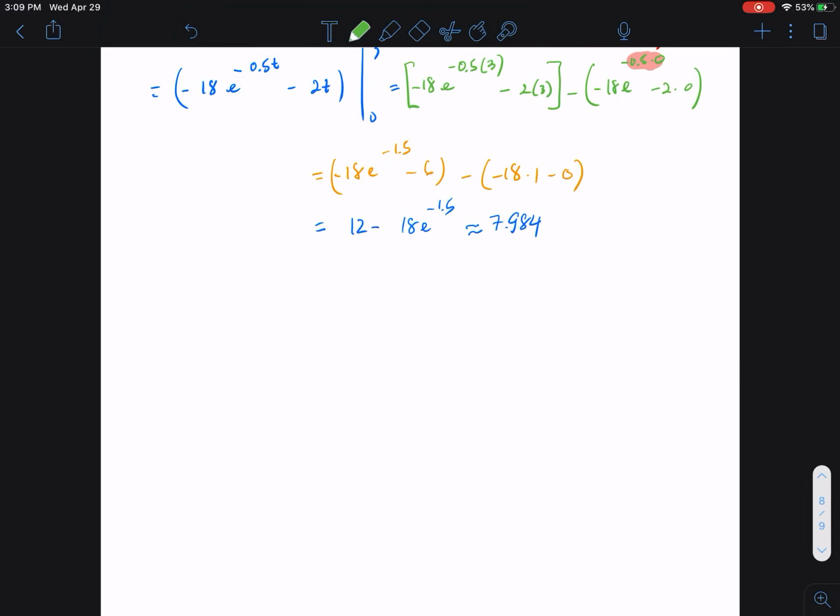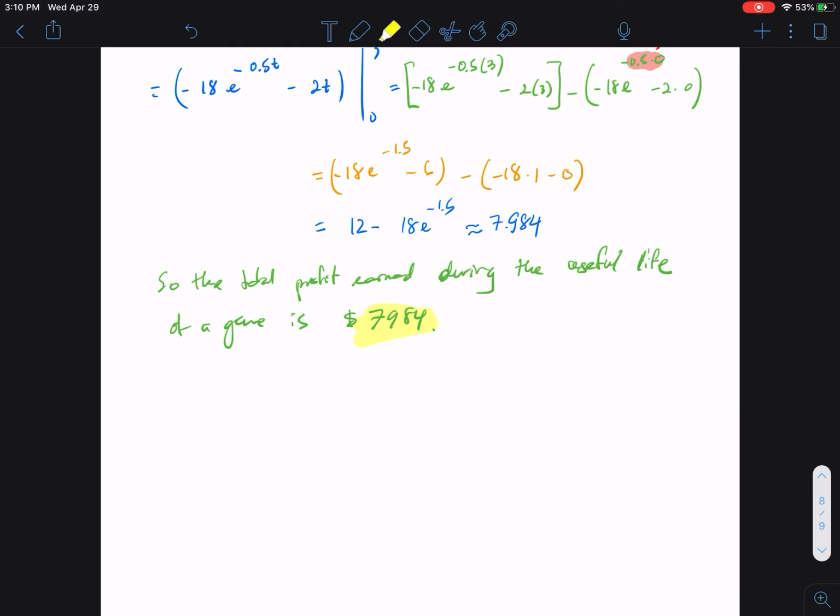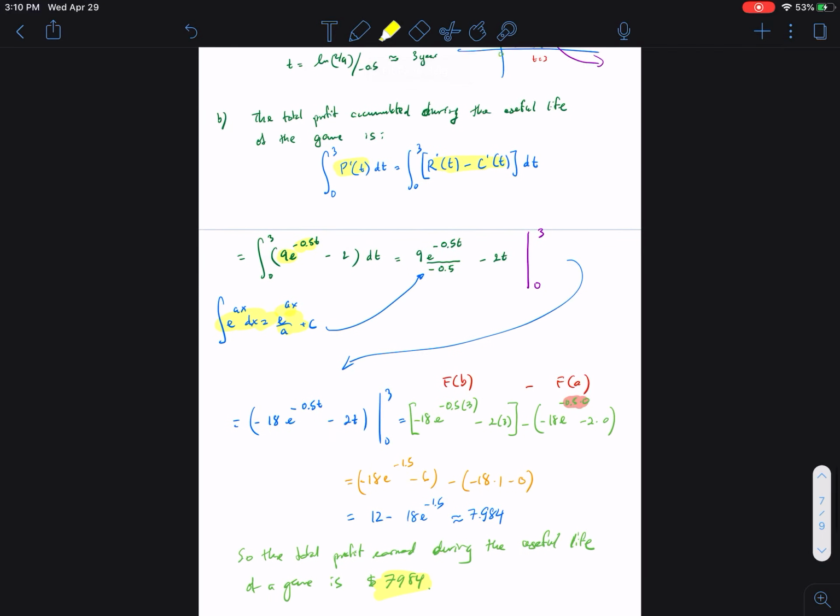So the total profit earned during the useful life of a game is approximately 7,984.